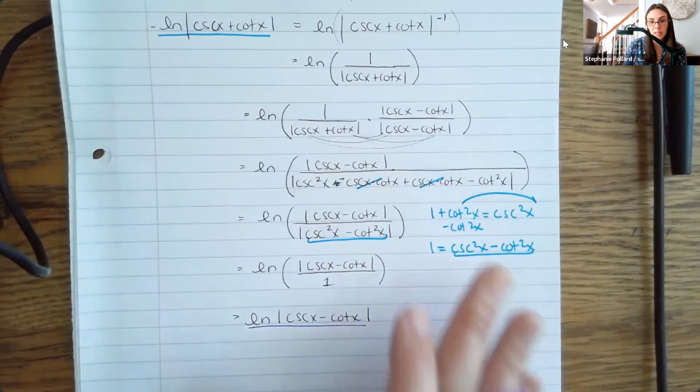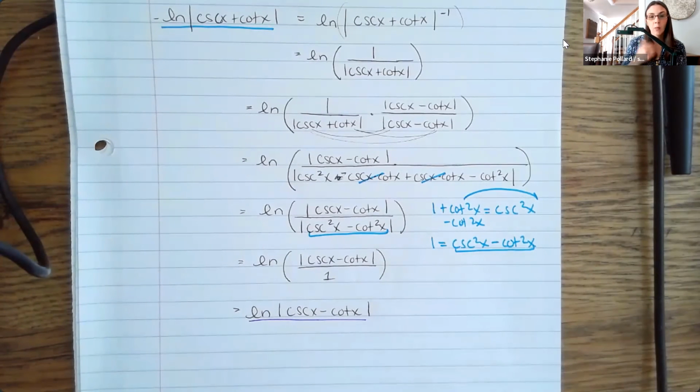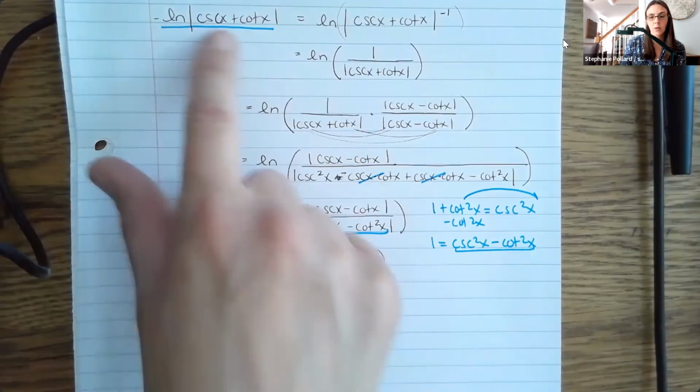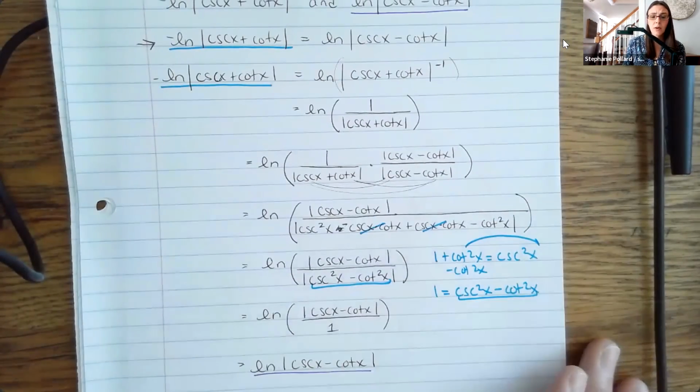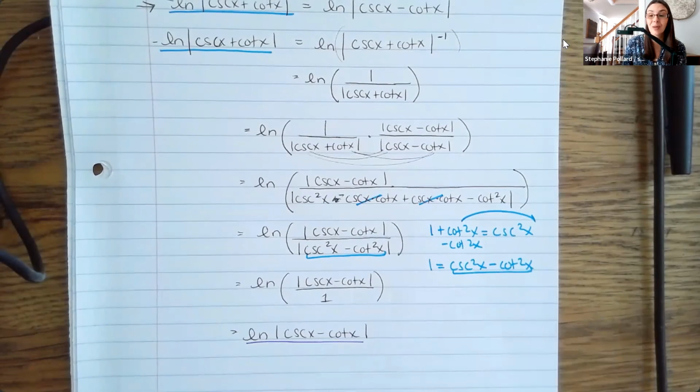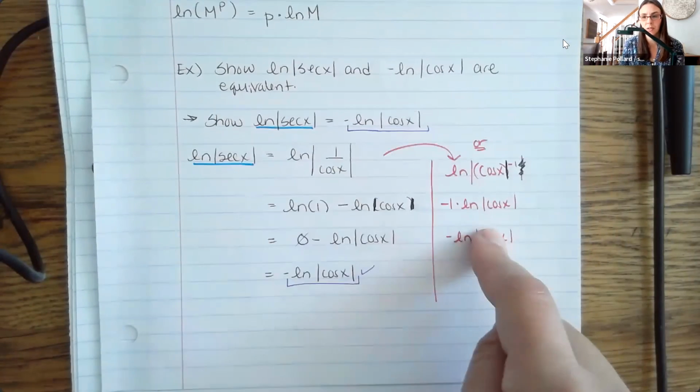So again, this one's a really tough one where we had to use some different strategies that we haven't seen as much, or we've tried some new things, like not changing to sine and cosine to see if we can get it to work. As I mentioned before, there's usually more than one way to do it. And as you're going through these, you may find that some strategies are easier than others. Or even, for the one I just did on the page before, you may say, oh, this strategy is way easier.